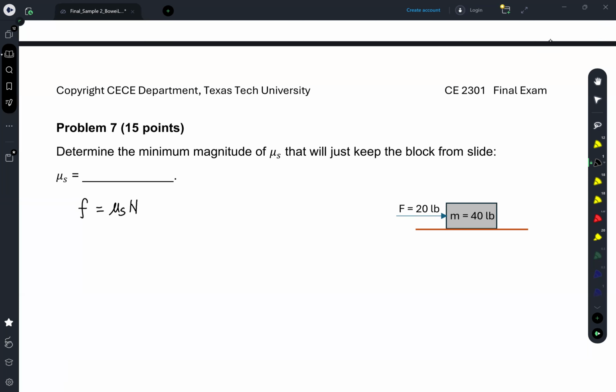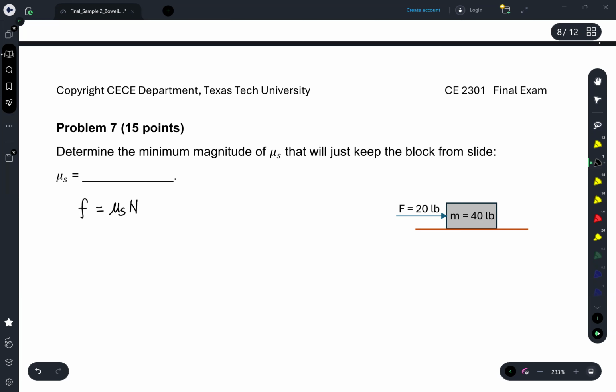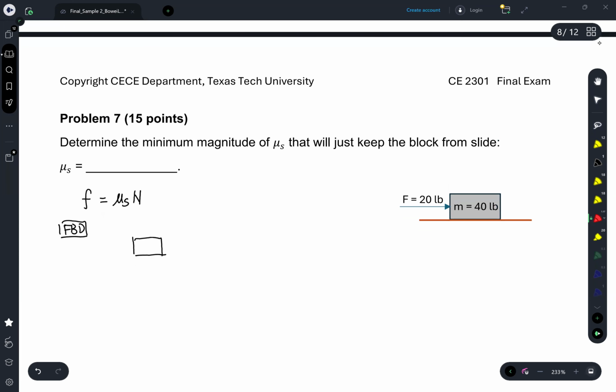The first step for force analysis is the free body diagram. So what forces do we have on the object? First we have gravity, right? We have gravity here.